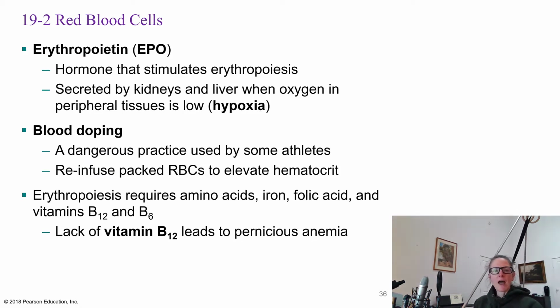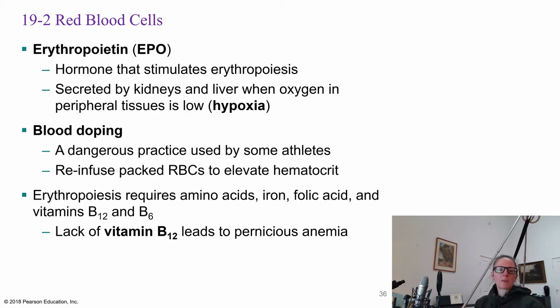That will allow you to produce more red blood cells, and it'll also allow other chemical changes in the blood to take place that allow for more efficient carrying of oxygen. So erythropoietin, the hormone that produces more red blood cells, is one of the things that changes. The secretion of erythropoietin will become increased as you move to higher and higher altitudes.